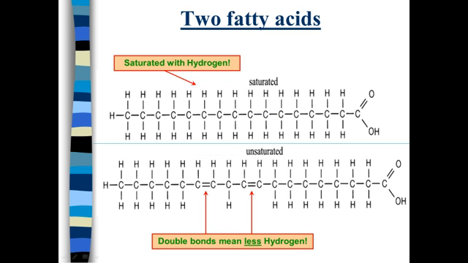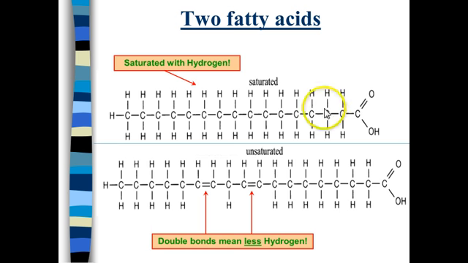Margarine is an example of a trans fat. We take liquid corn oil, we cook it at a very high temperature, very high pressure, with hydrogen gas or with hydrogen molecules around. And what we get as a result of that is the stuff that we call margarine, which is a solid at room temperature and has many of the same properties as butter, which is, of course, a saturated fat.